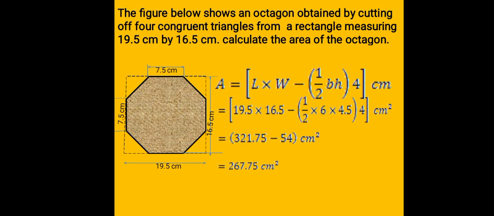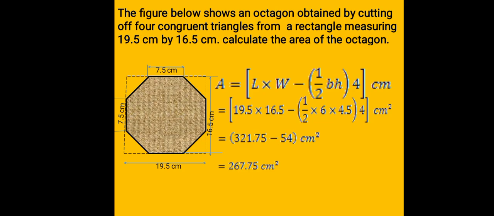Now the area of the original rectangle, length times width, is 19.5 multiplied by 16.5. The area of each of the 4 triangles that have been cut is a half times the base, which is 6, times the height, which is 4.5, and then since there are 4 of them, we multiply by 4.